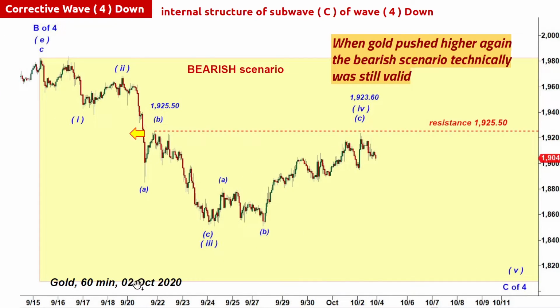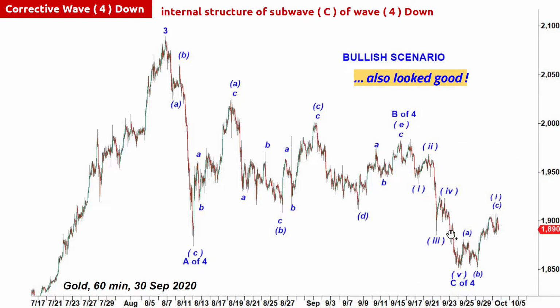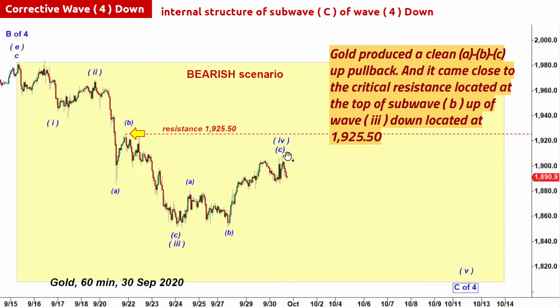Let's move forward. This is October 2nd. When gold pushed high again, the bearish scenario technically was still valid, but normally subwave C of wave 4 does not spend much time immediately under resistance. Remember, wave 4 is a temporary pullback. It's supposed to be quick.